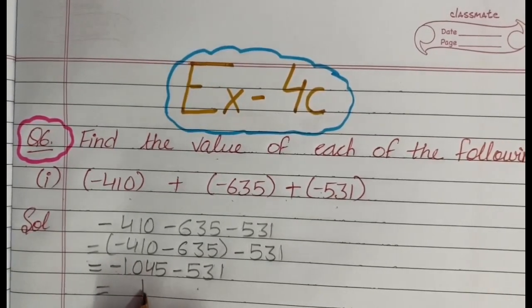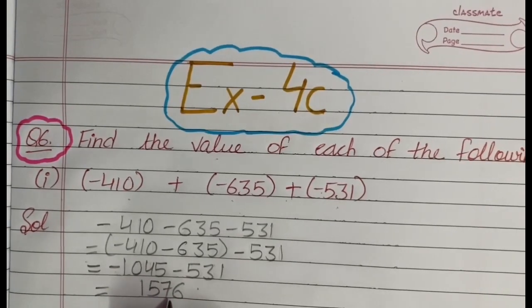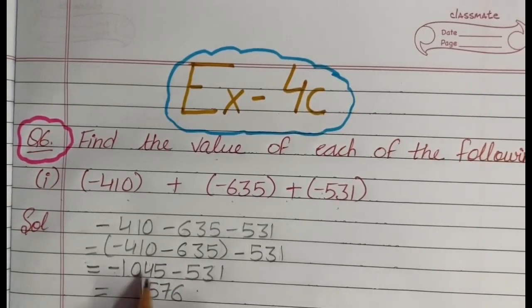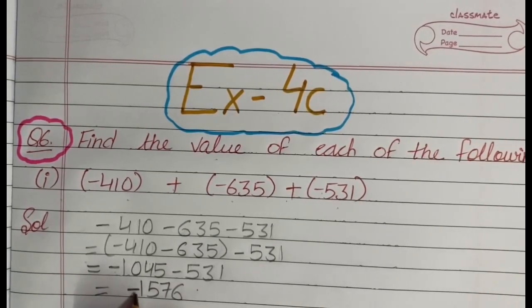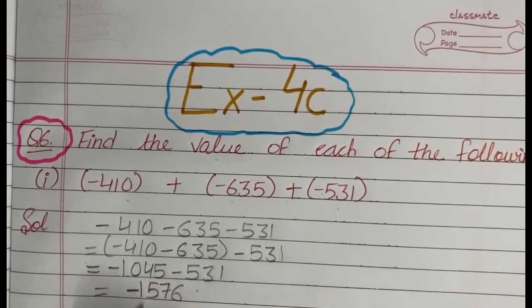We will get 1576 as an answer. Now both the integers are having negative sign, so in the final answer we have to take the common sign, and here the common sign is minus. So our answer is minus 1576. Hopefully first part is clear to you.